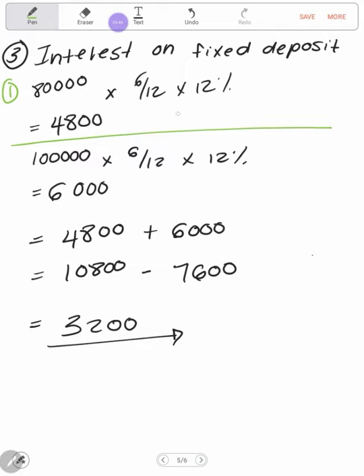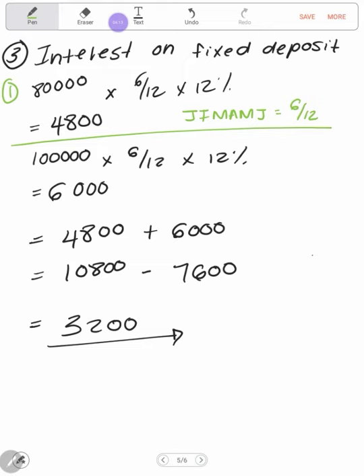You had it for 6 months. Remember, we had it since the beginning of the financial year. So January, February, March, April, May, June is when you increased it, which gives us 6 months. So I'm going to work out the interest on that 80,000. 80,000 times 6 over 12 times the 12% will give me interest of 4,800.